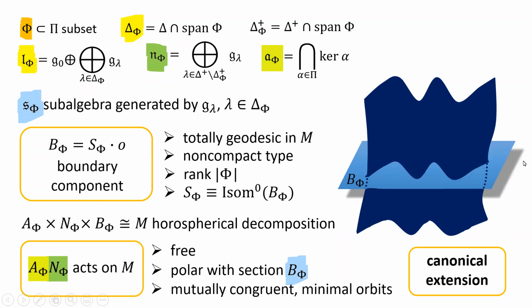If you do this with all the orbits of a homogeneity one action on B phi, you get a singular foliation on the ambient space M, and it turns out that this foliation is homogeneous. So you can extend actions. In the next slide, I will explain this method more formally. But geometrically speaking, this is how it works.